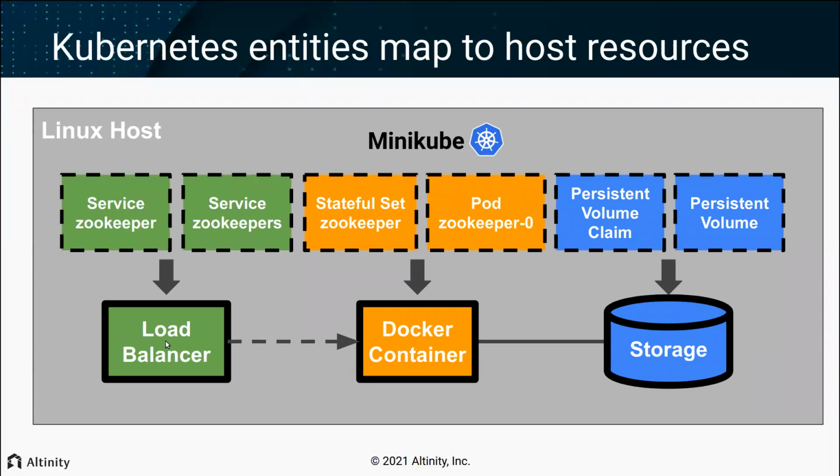What we end up allocated in Kubernetes, in this case Minikube, is a load balancer, a Docker container that's running, and it's attached to some storage. So this all happened just by loading that file. It looks like a lot of resources, but as the applications get larger, these resources are just all the little bits that you need to build distributed applications.